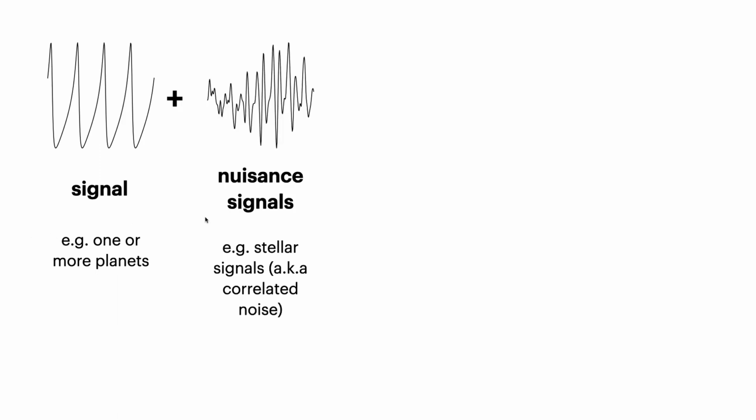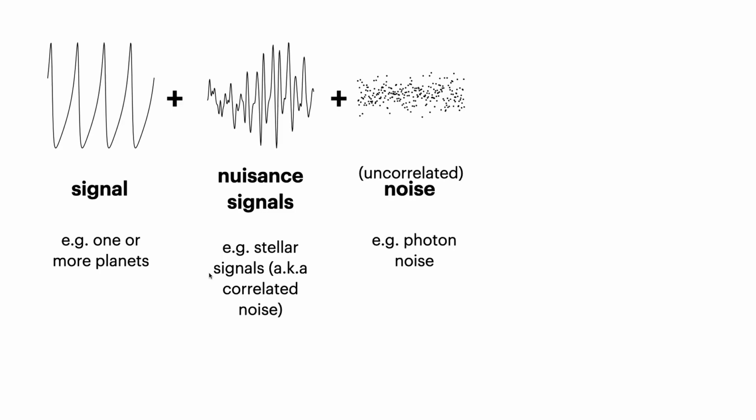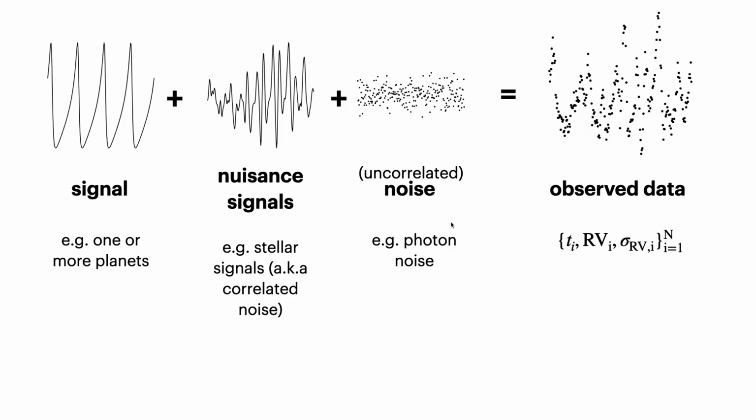Side by side with this, there'll be variability due to nuisance signals, also known as correlated noise, that we're not interested in, but it's there anyway. Finally, we'll have uncorrelated noise, for example photon noise, and all these things combined will give us our observed data with formal error bars that almost always only encapsulate the uncorrelated stuff like photon noise.